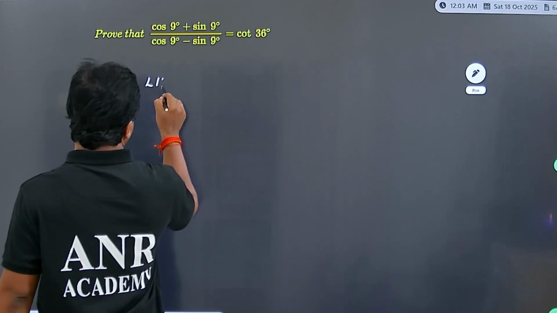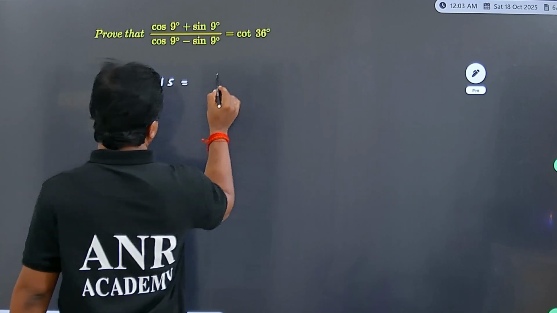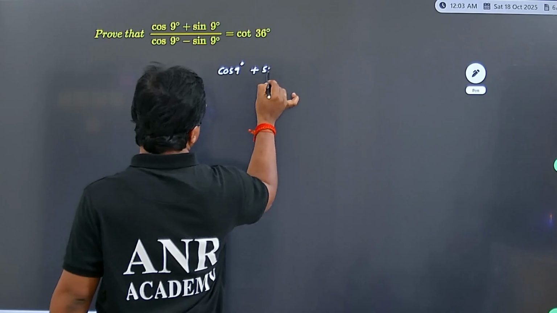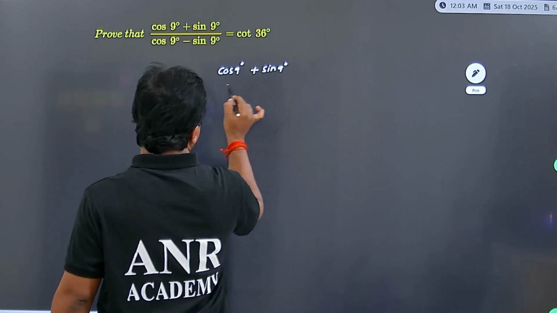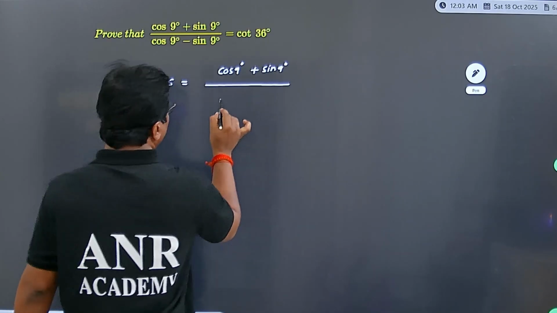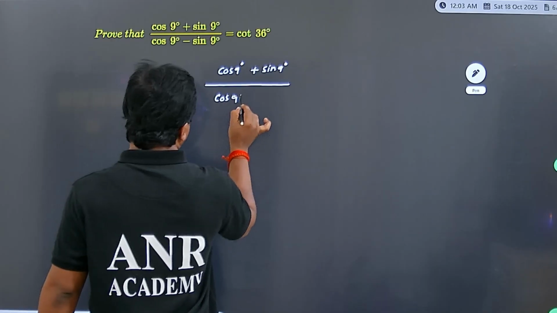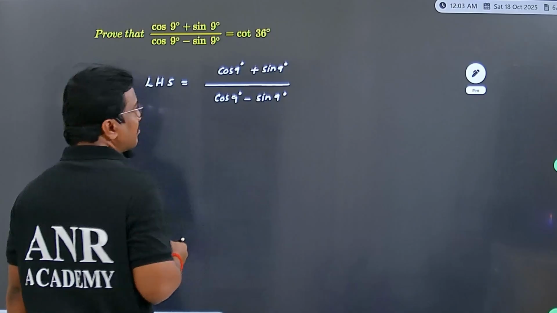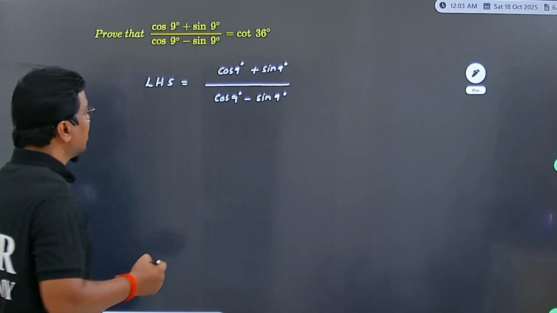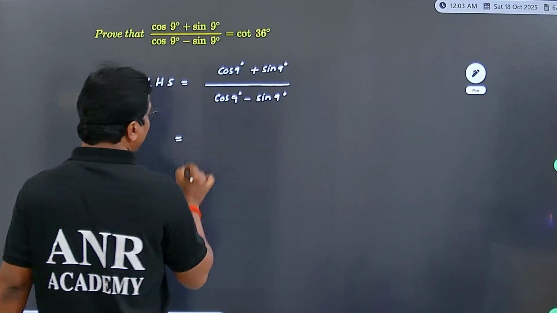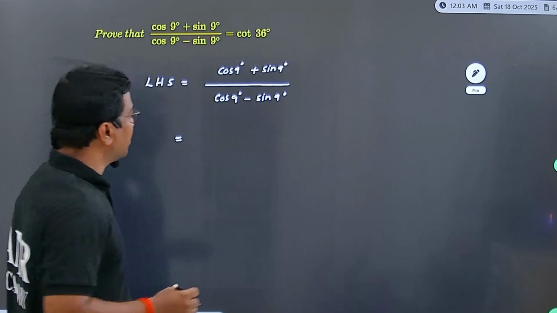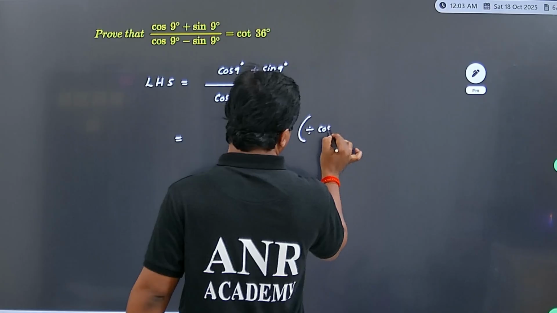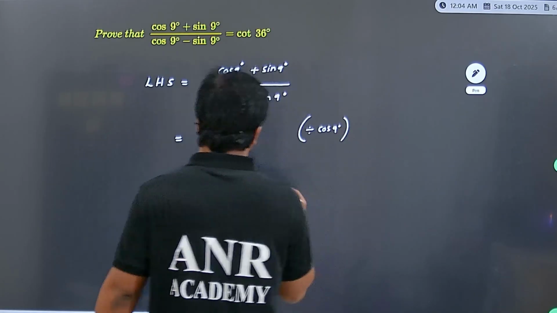Here you have the LHS part, cos of 9 degrees plus sin of 9 degrees whole divided by cos of 9 degrees minus sin of 9 degrees. Suppose you divide each and every term with cos 9 degrees, what happens? Observe.